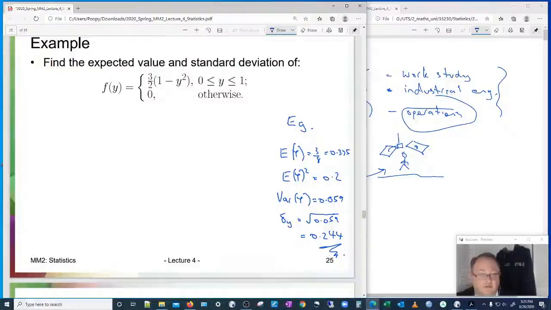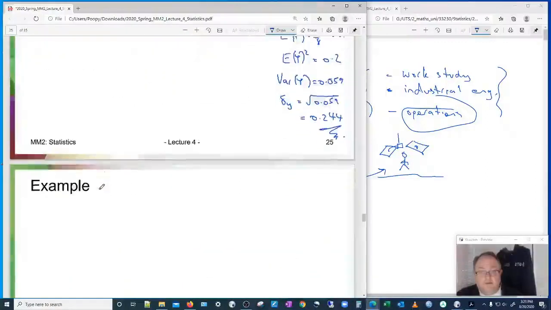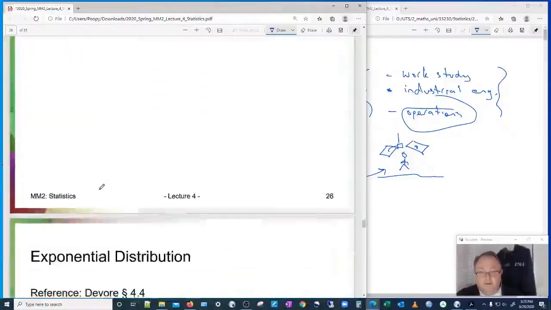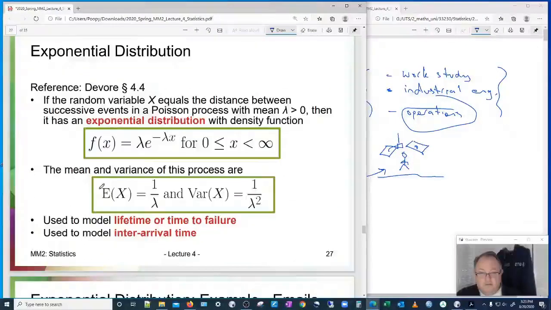Alright, so that gets us through random variables and some computations for probabilities to get our means and standard deviation, etc., our variance. So we're going to have a look at the last one, which is exponential distributions. So now's a hint. Okay, so I'm going to give you a hint.